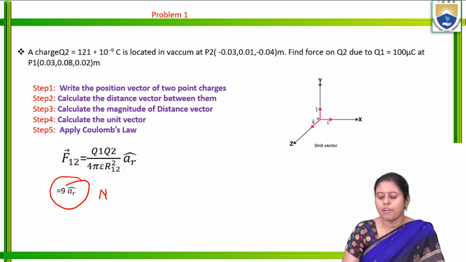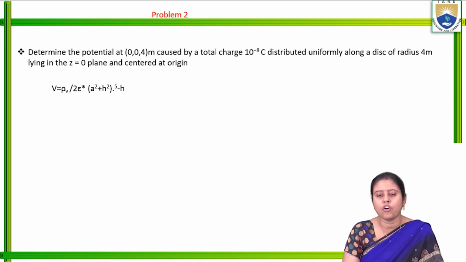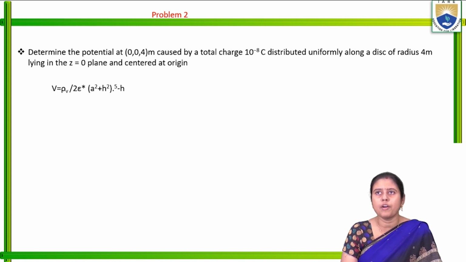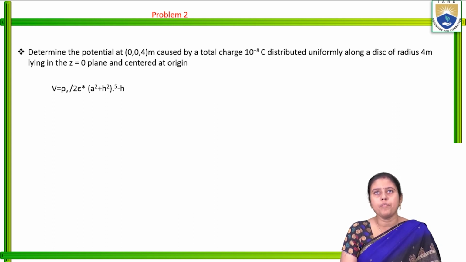Next we are moving to problem 2. Determine the potential at a point 0.04 meter away, caused by a total charge of 10 to the power minus 8 Coulomb distributed uniformly over a disk of radius 4 centimeter lying in the Z equal to 0 plane, at the center of origin.